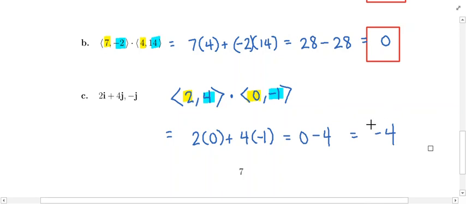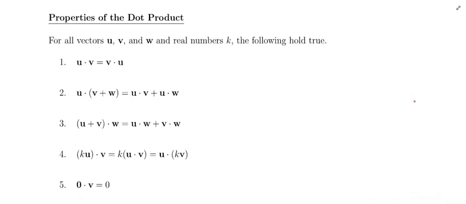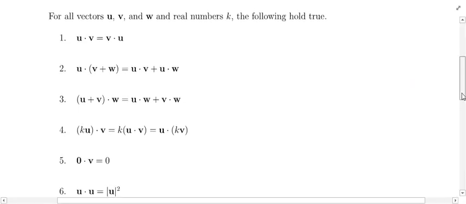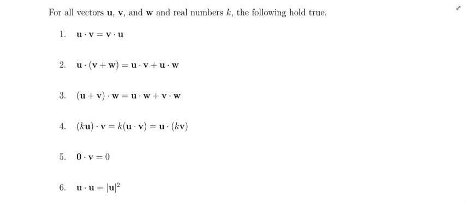All right. Moving on to the next page. We're going to talk about some of the properties of the dot product. It says for all vectors u, v, and w and real number k, the following holds true. First of all, if you have u dot v, that's the same thing as v dot u.